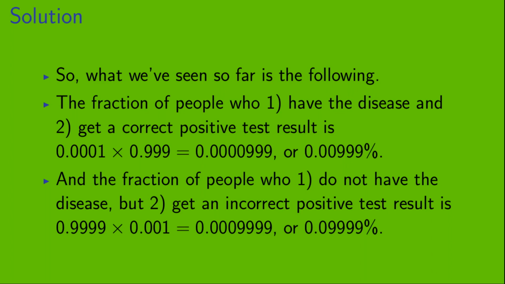And the fraction of people who 1. do not have the disease, but 2. get an incorrect positive test result is 0.9999 times 0.001, which equals 0.09999%.